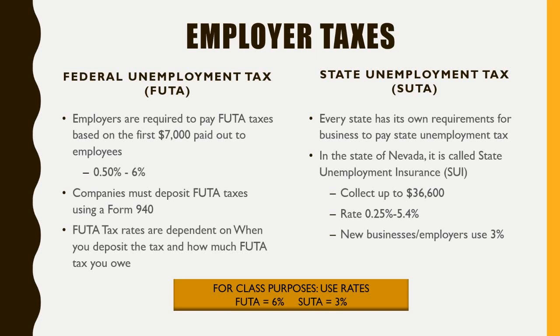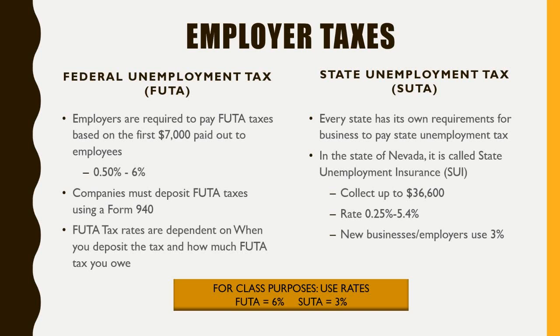And then, of course, new businesses automatically have to calculate at 3%. That's what the state of Nevada website said: all new businesses must start off their state unemployment at 3%.